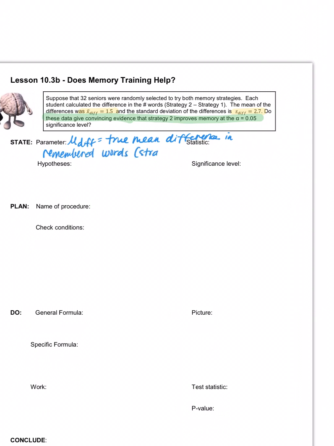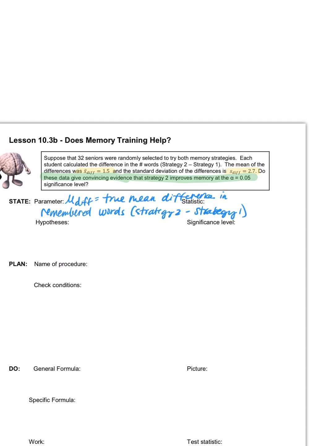So I do strategy 2 minus strategy 1. Statistic, I'm just going to write what it gave me in the question. X bar was 1.5 and the S of the differences is 2.7.